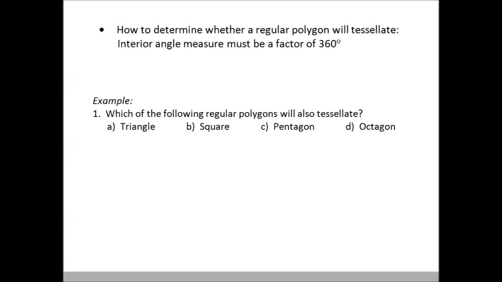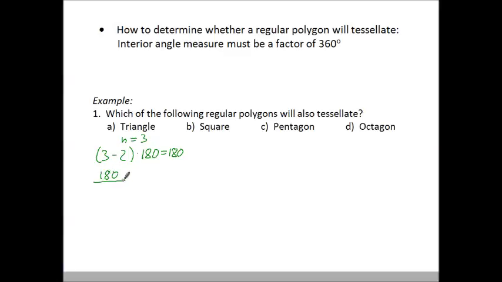Which of the following regular polygons tessellate? Our triangle we tried where n is equal to 3. We get (3 minus 2) times 180, which is of course 180. That is the angle sum of a triangle, which is the basis of this formula.